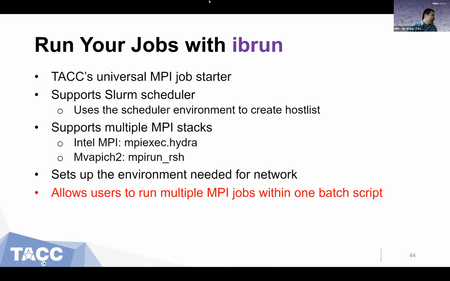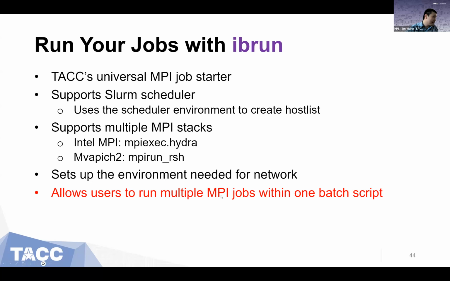Now, ibrun. It's tedious, but this is really a TACC-specific MPI job starter. It calls mpiexec.hydra of Intel MPI in the backend. For MVAPICH2, it's actually doing mpirun_rsh. It sets up the environment and network specific to this TACC system.